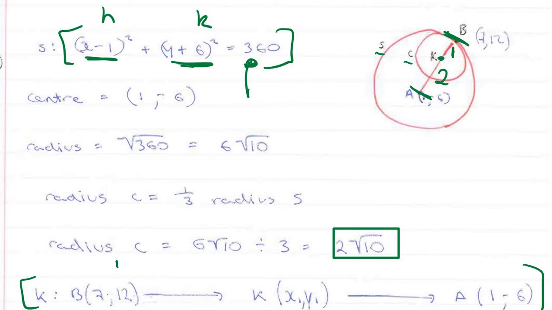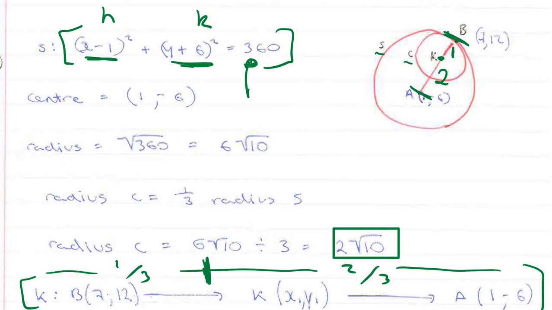It is 1/3 of the way along here and 2/3 the distance from A. So in reality, it probably lies around here. So where this distance represents 1/3 of the entire distance from B to A, and this distance represents 2/3 from A to B.